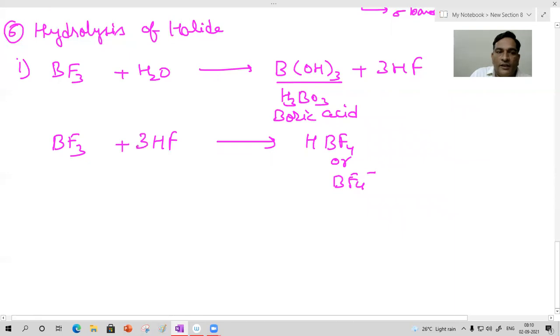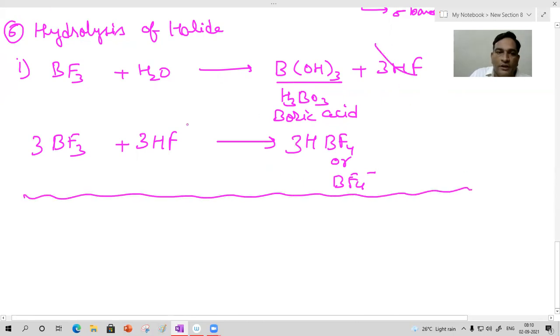We are getting 3HF, 3BF3, balanced reaction. If you add both reactions, 3HF cancel, and how many H2O will come? 3 will come.